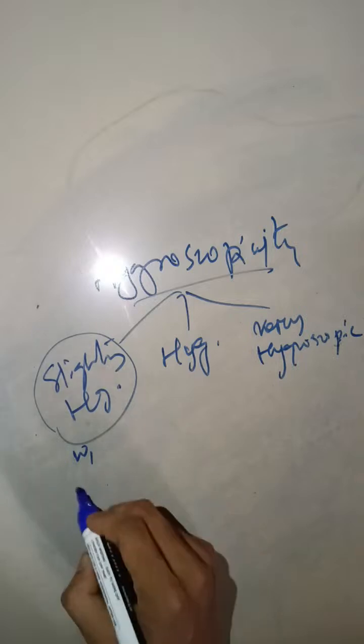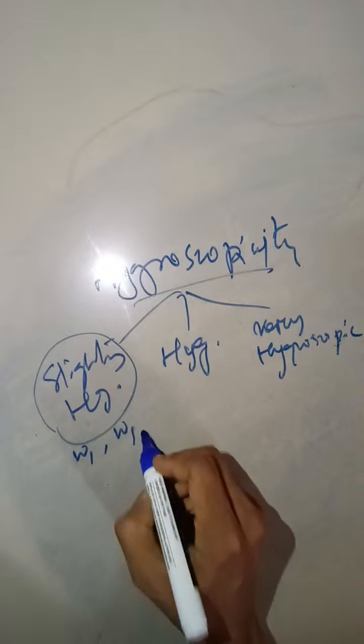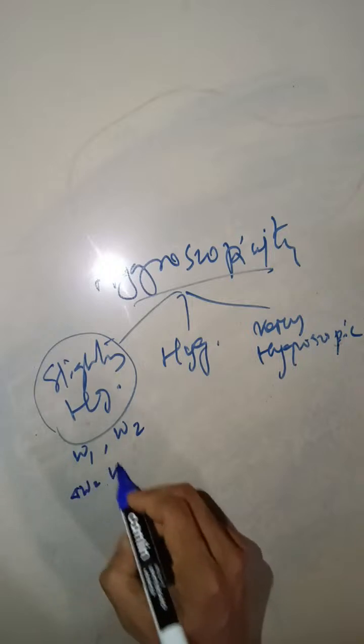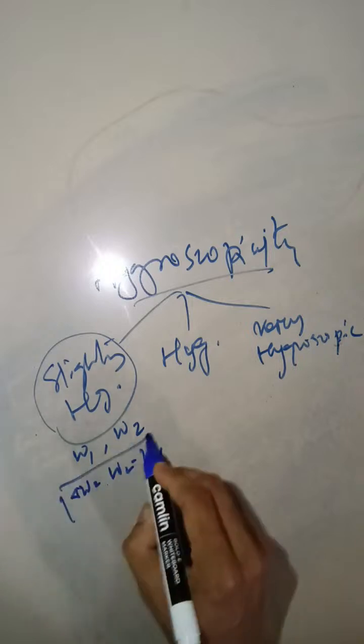If the initial weight was W1 and the final weight is W2, then the change in weight, del W, equals W2 minus W1.